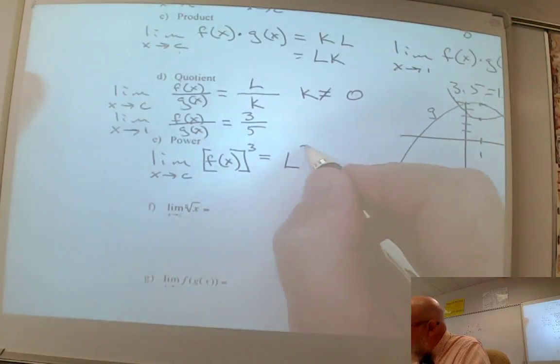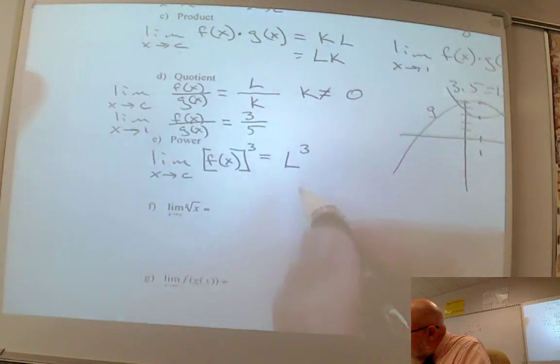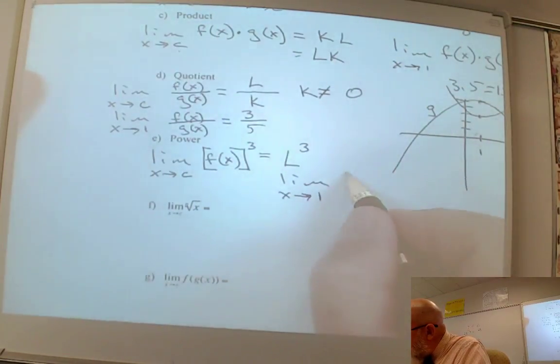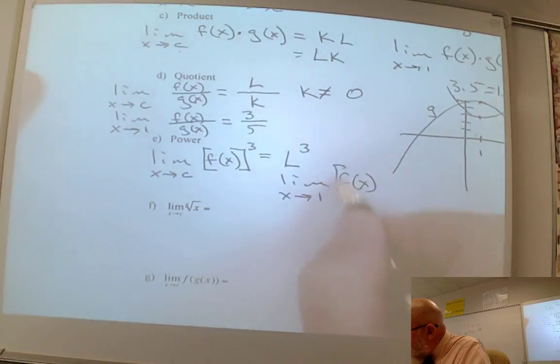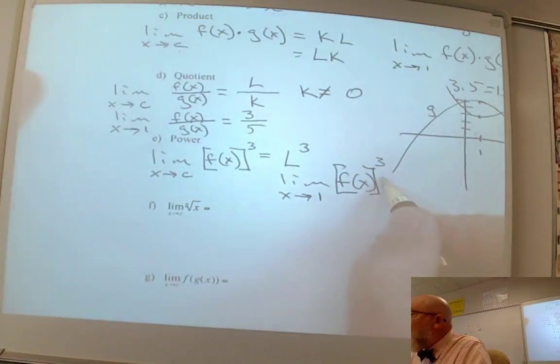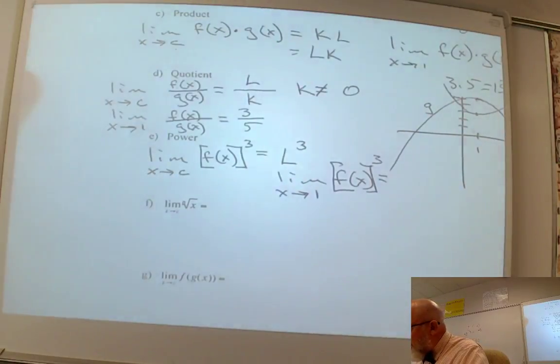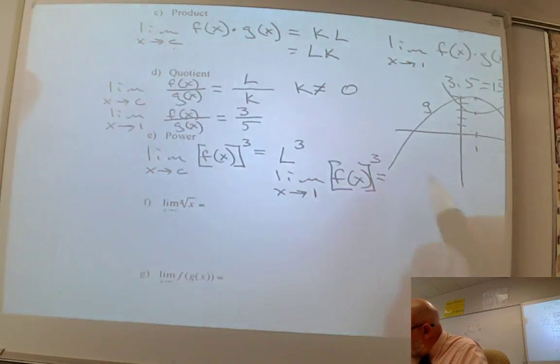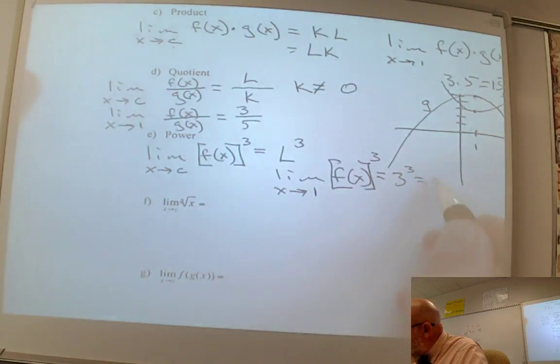L cubed. Perfect. So let's take the limit as x approaches 1 of f of x cubed. Tegan, do you think you have an idea of that? Did you say 27? Yeah, perfect.